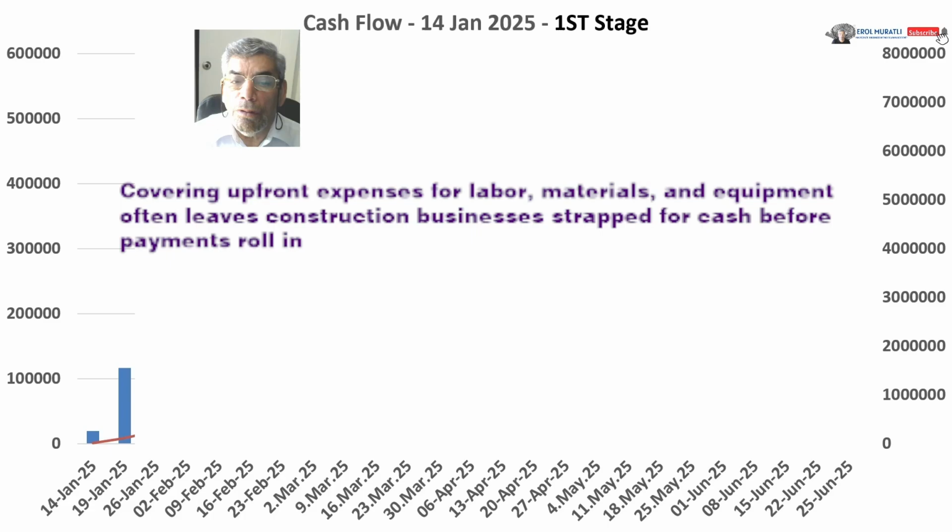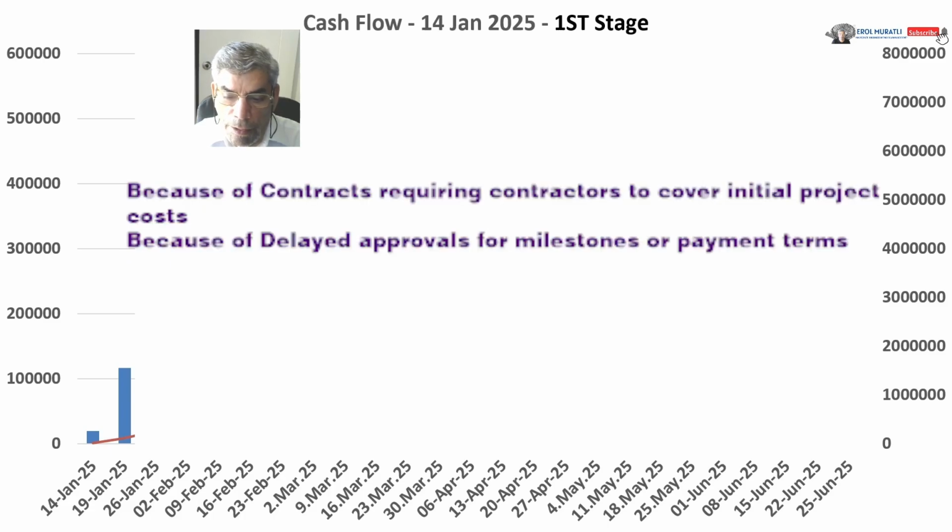Another issue is that covering upfront expenses for labor, materials, and equipment often leaves construction businesses strapped for cash before payments roll in. The reasons for this are contracts requiring contractors to cover initial project costs, and delayed approvals for milestones or payment terms.